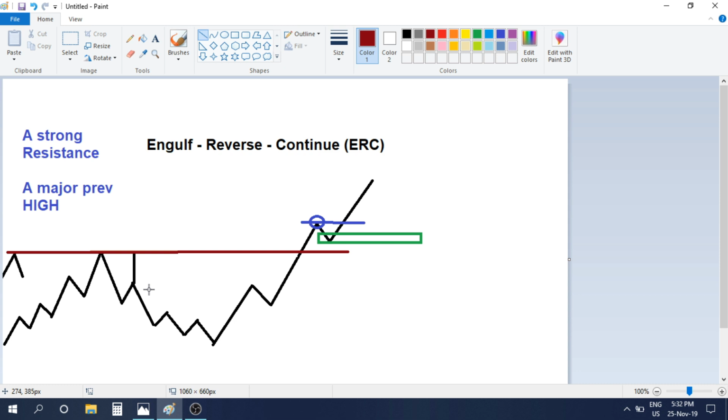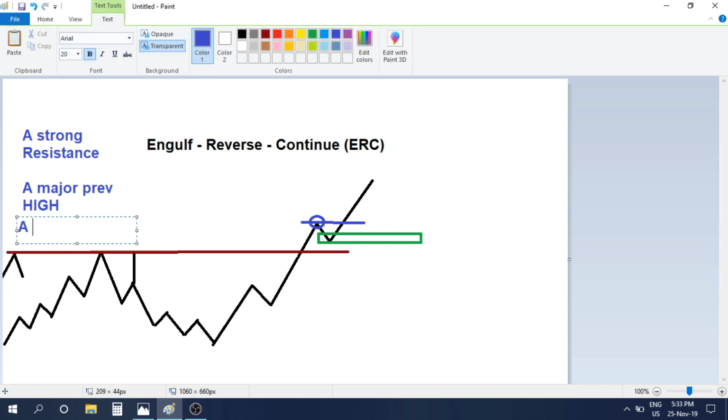Third would be that a major important zone was present over here as a barrier, and that zone was engulfed, right? So, okay. So third type.